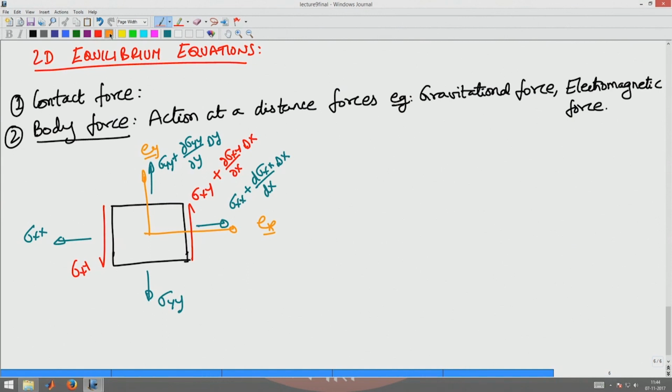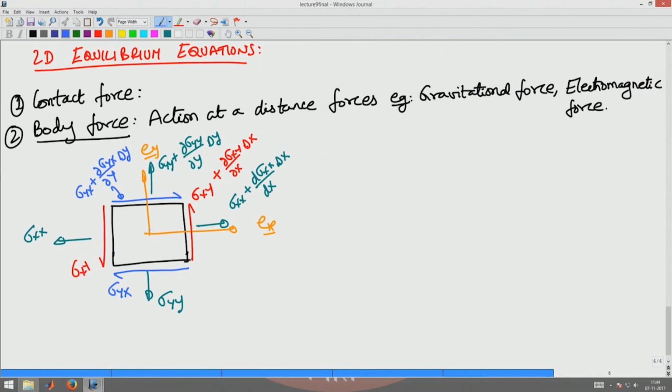Similarly I will have this sigma yx, this will be sigma yx plus dou sigma yx by dou y into delta y, and this stress would be sigma yx.